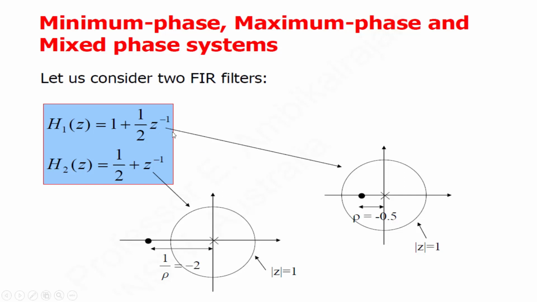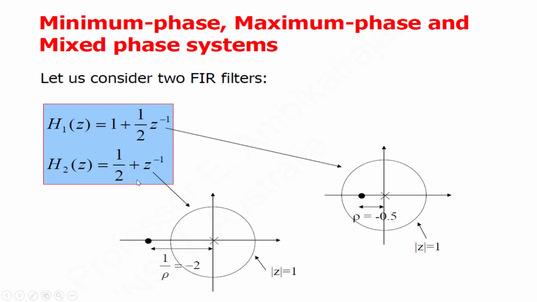But the numbers of poles and zeros will always be equal to each other. So here one zero is there, which lies at rho equal to minus 0.5, and corresponding to that the pole will lie at the origin, since this is an FIR filter. No poles will be there anywhere inside the unit circle.